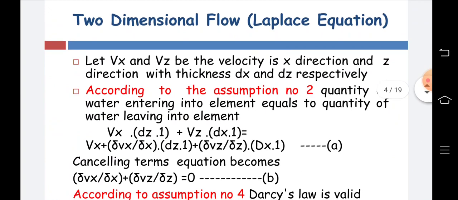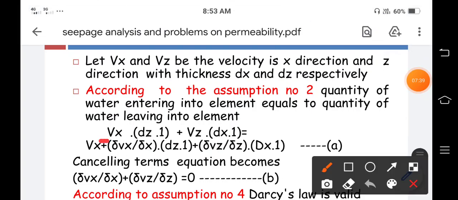So here the inlet is phi x into delta z into 1, because we know one dimension delta z, and the other dimension we are assuming as unity, that is 1. That is phi x into delta z into 1 plus phi z into delta x into 1. So these are the inlet components, that is, the quantity of water entering the element equals the quantity of water leaving the element.